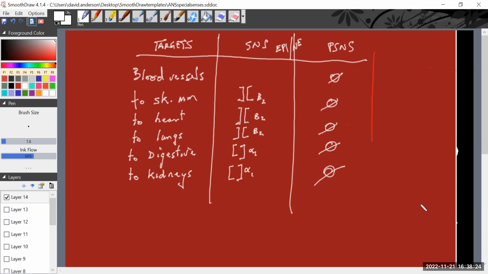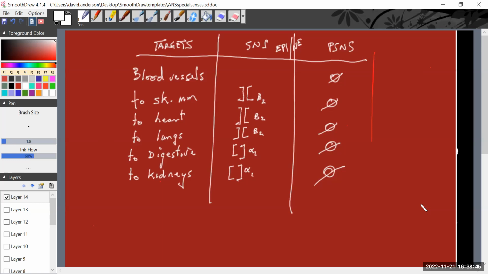Sympathetic uses epinephrine or norepinephrine. That's one messenger type. And the parasympathetic uses ACH, acetylcholine, a different messenger. So if we want to decrease heart rate, we target it with ACH. If we want to increase heart rate, we target it with epinephrine. That's one way we change the messenger.